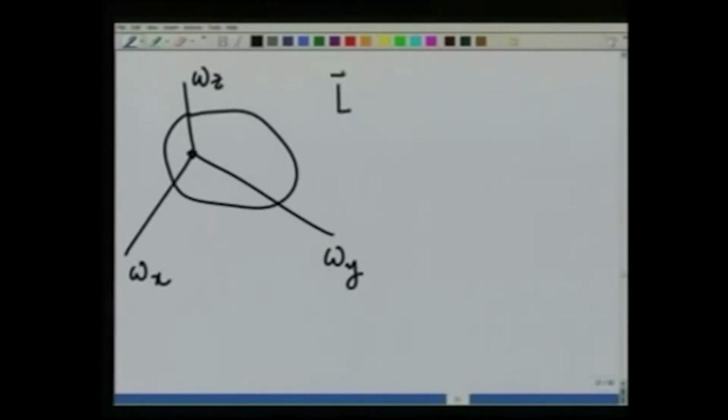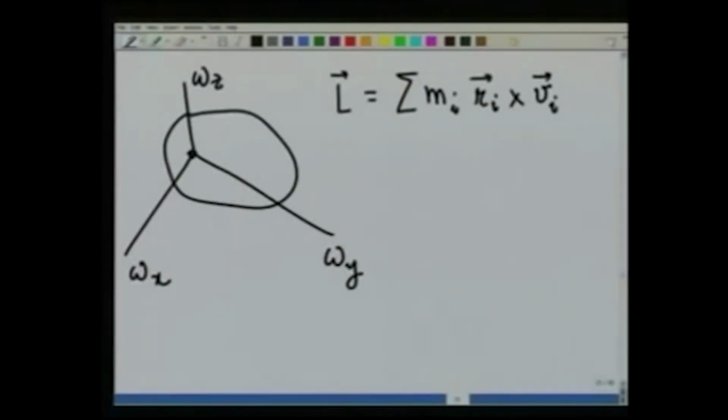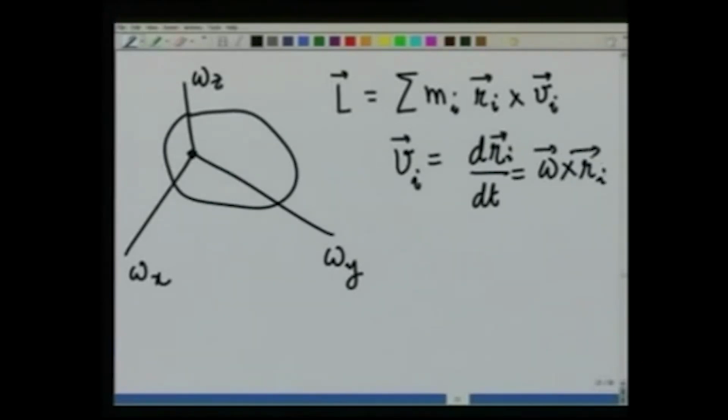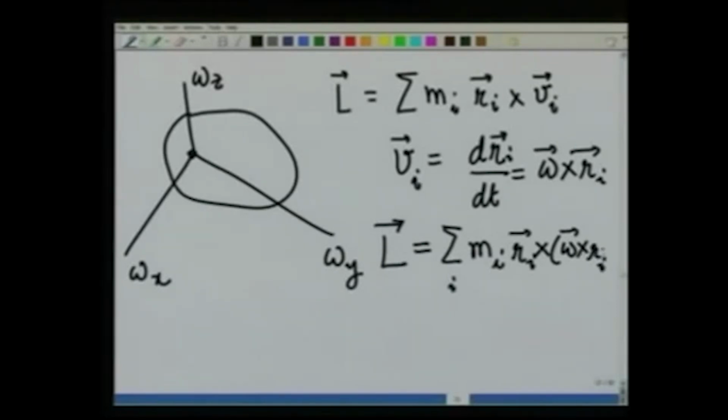The angular momentum vector L is given as summation mi Ri for ith particle cross Vi, and we just saw that I can write Vi, which is nothing but dr over dt, as omega cross Ri, and therefore the angular momentum vector L is equal to summation over i of mi Ri cross omega cross Ri.